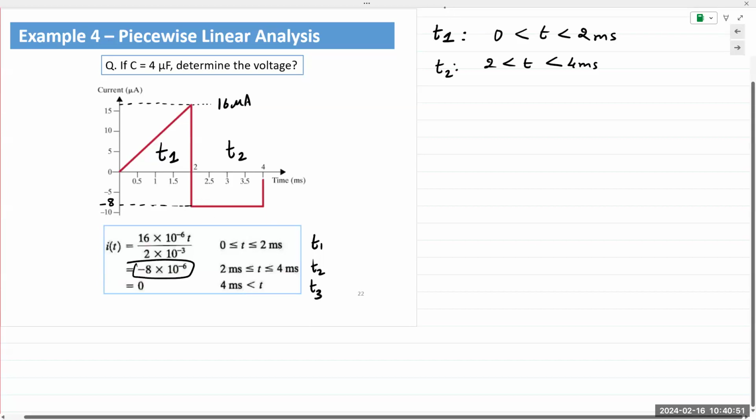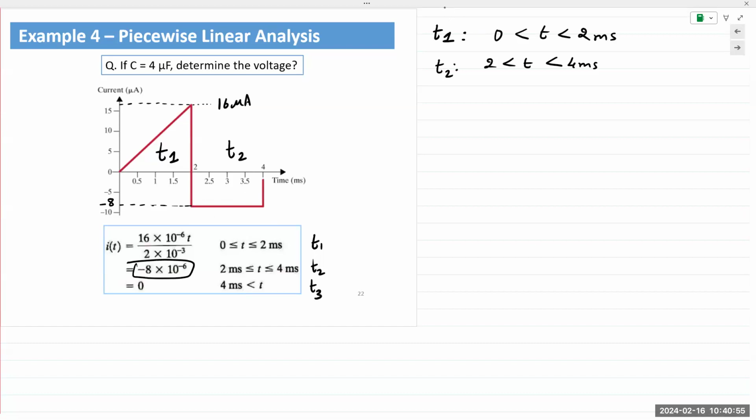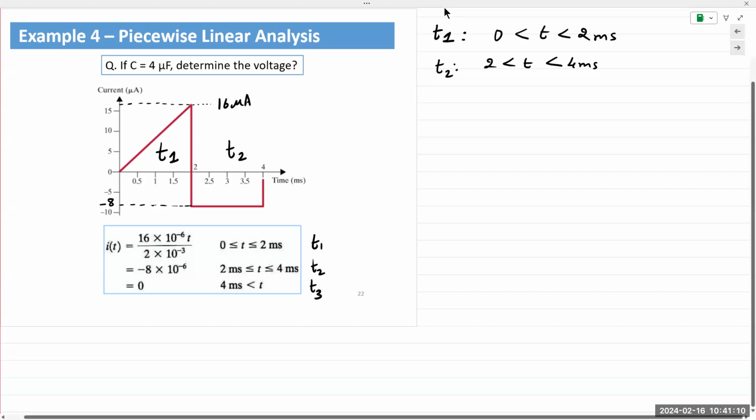Simply have the value, minus 8 microamps. Again, understanding everything from the problem statement or the given information, that's the key. The second time period is a constant which has a value of minus 8 microamps.